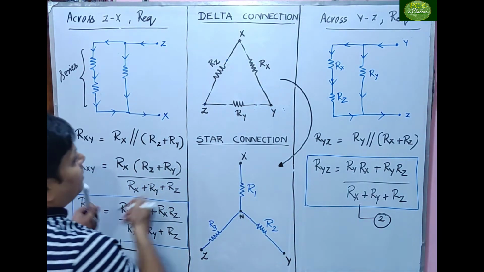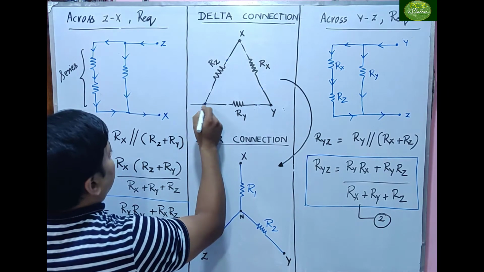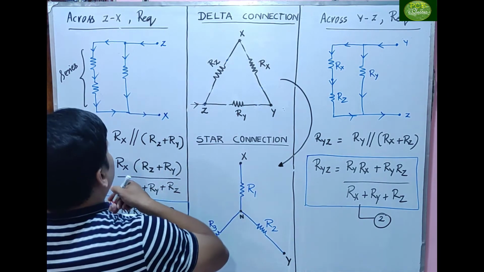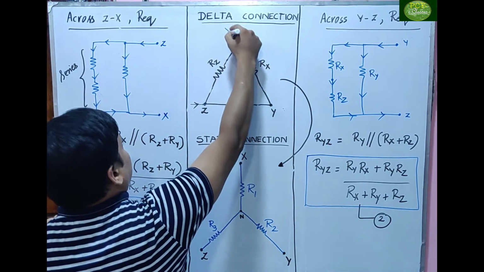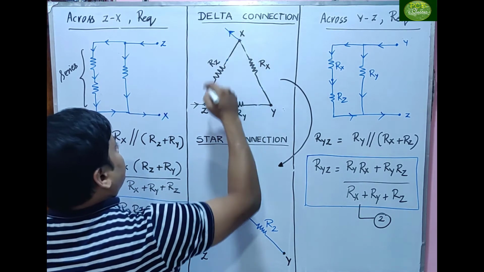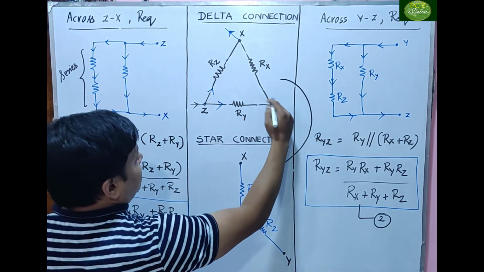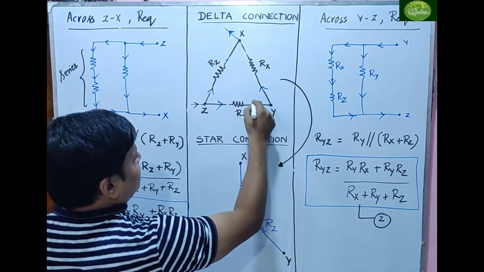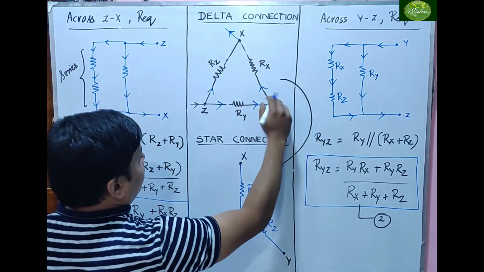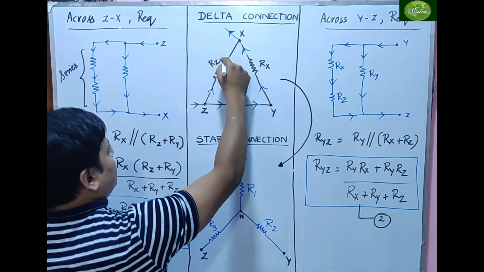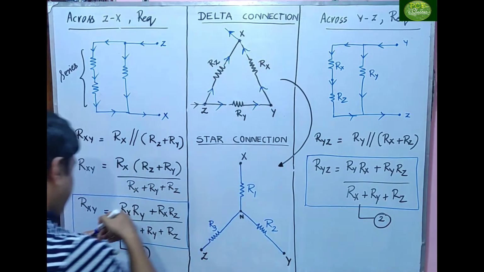What is the terminal we have taken? Z. So in Z the current enters and in X the current leaves. Fine. From Z the current is divided. Y there is open circuit. So here no current will flow this side. The same current will be flowing in the Rx and Ry. This is the diagram.